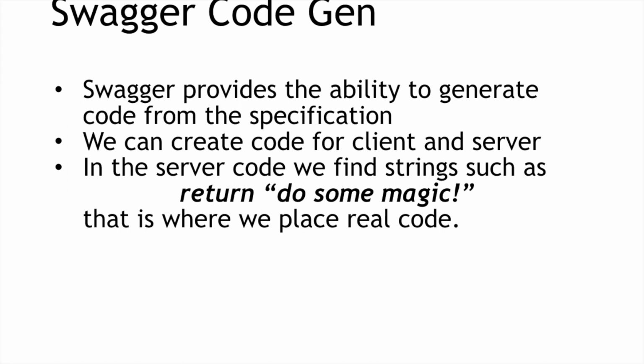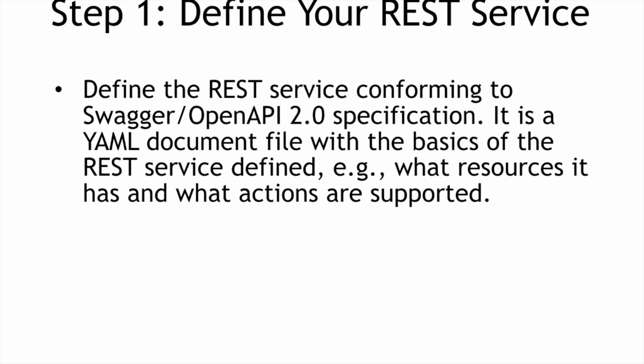We assume that you have Swagger CodeGen installed. This can be done easily because it's a Java tool, and you can make sure that you have the right version of Java and install it. On OS X, we recommend that you use brew install swagger-codegen, as documented in the Swagger documentation.